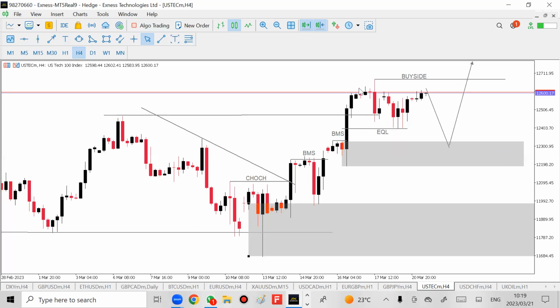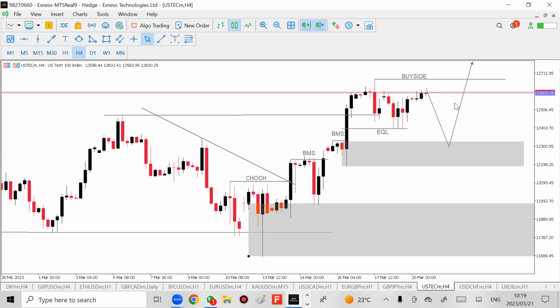So wherever price doesn't come back, most of the time it engineers liquidity. Wherever you draw a trend line and price never gave you an RTO, that's a liquidity pool.